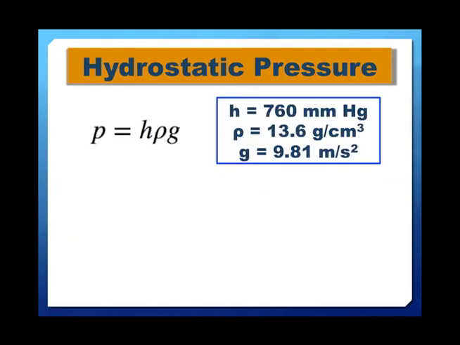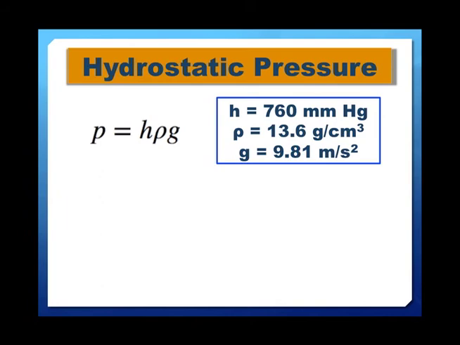For example, let's examine the idea that a height of 760 millimeters of mercury is equivalent to atmospheric pressure, if the density of mercury is 13.6 grams per centimeter cubed, and the acceleration due to gravity on Earth is 9.81 meters per second squared.